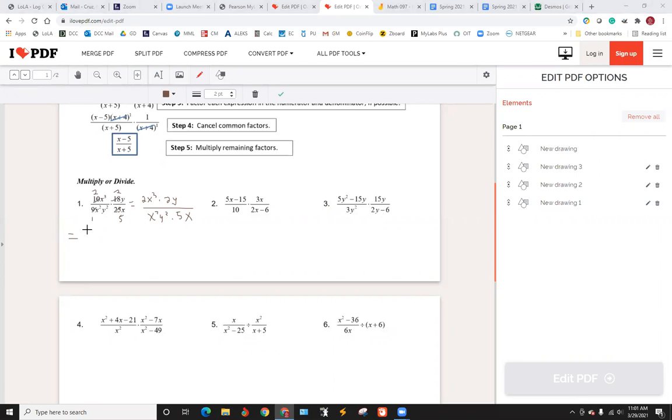So that's 4 x cubed y, and like I said, if you take these things out before, it's not nearly so complicated. It's x squared, what's 5 x squared times x is x cubed, and then y squared.